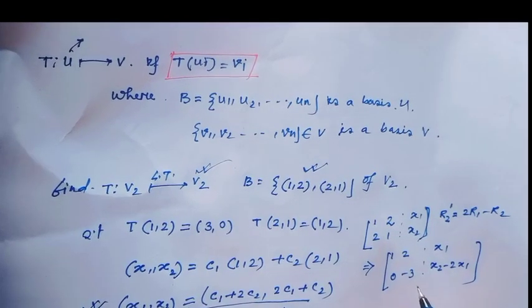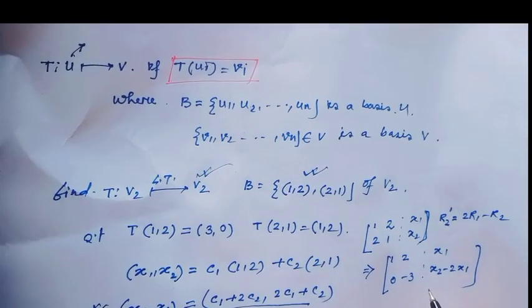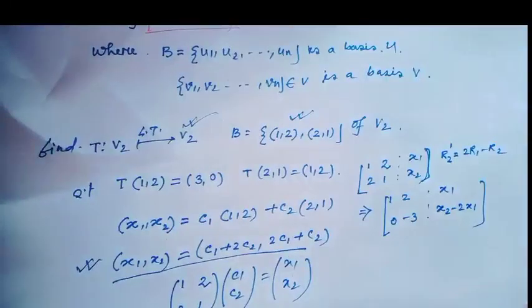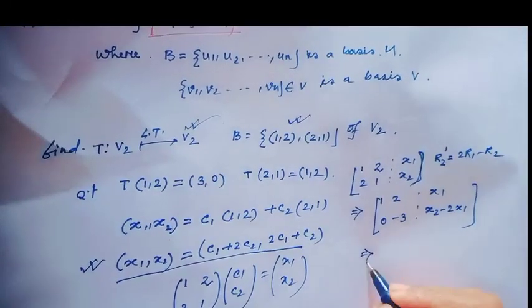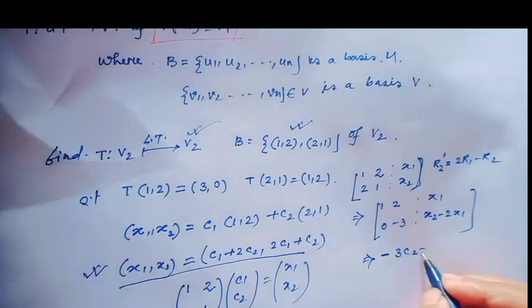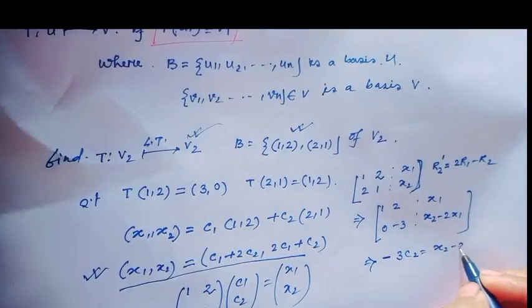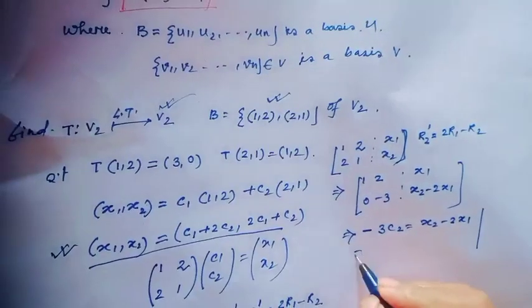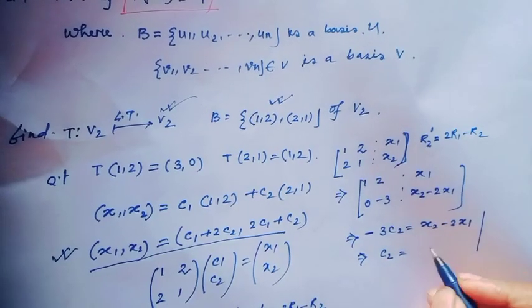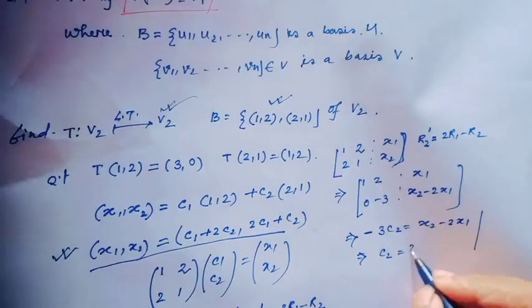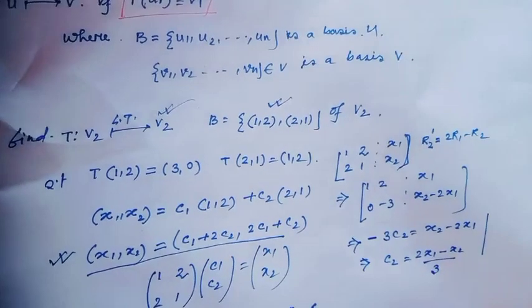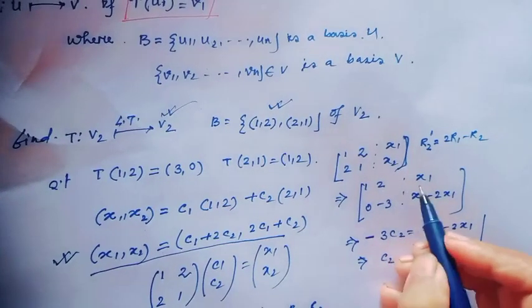From this matrix, minus 3c2 equals x2 minus 2x1, which implies c2 equals (2x1 minus x2) over 3.